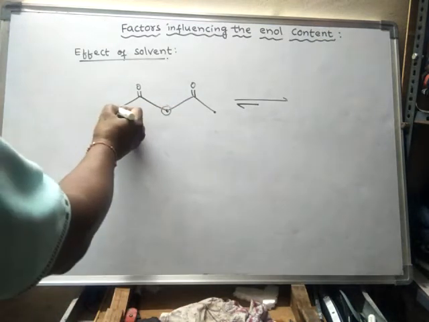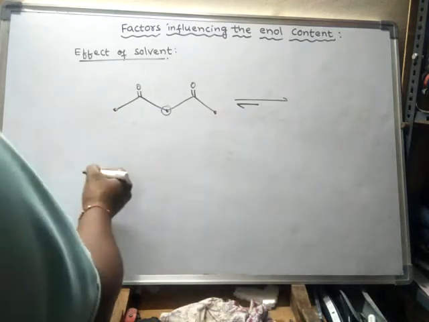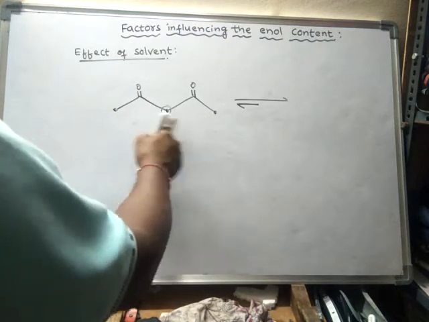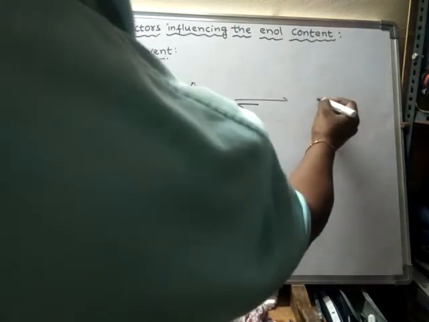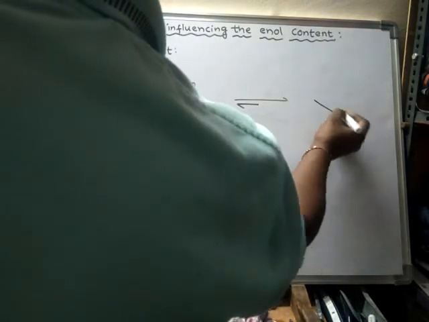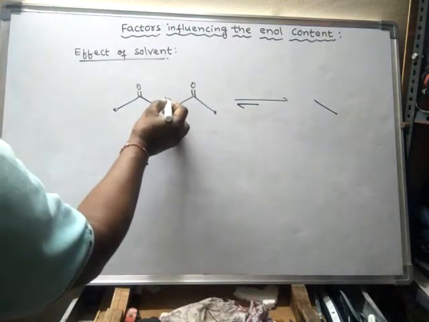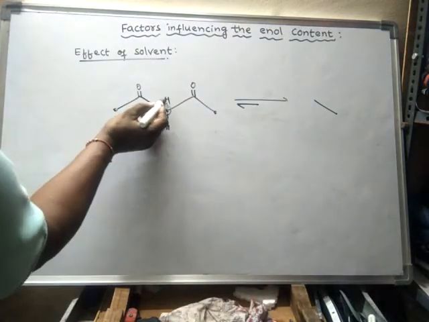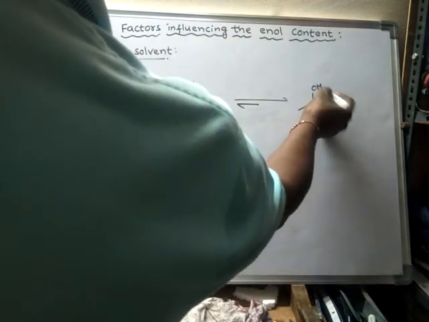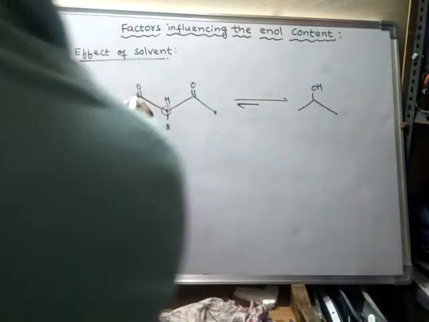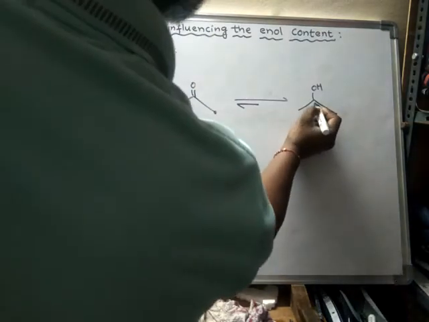Here these are methyl groups. If such a compound is converted into enol form, what happens? It has two alpha hydrogens. So this hydrogen will come here so that it forms the ol, and this double bond will shift here, right?